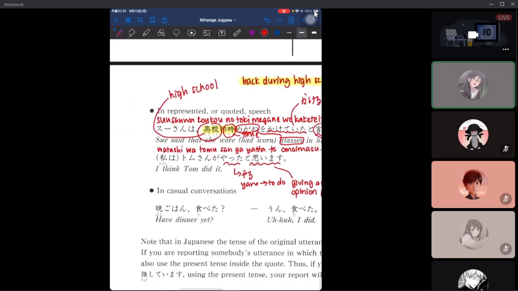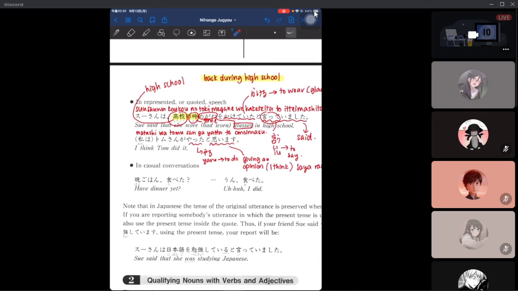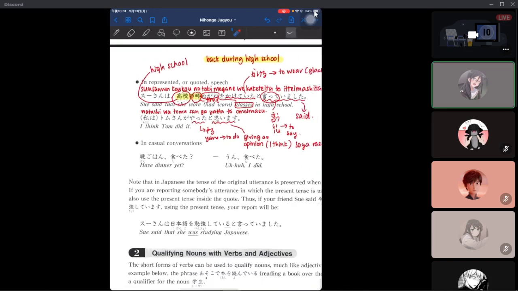So in this context it means I think Tom did it. やったと思います is usually used for yourself. You do not use it to say someone else thinks they did it. It is an opinion that you yourself think.